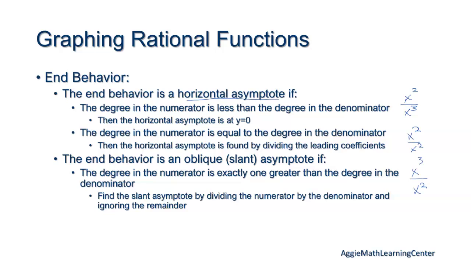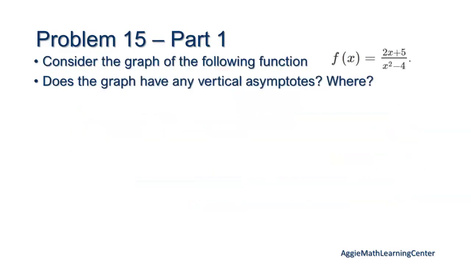If it's much bigger in the denominator, then the horizontal asymptote is just going to be 0 as well. So it has to be slightly bigger, but it can be a lot bigger as well. In this case, if you have numbers in front of them, then that fraction is where the horizontal asymptote is. And in this case, you have to do polynomial long division in order to find the asymptote.